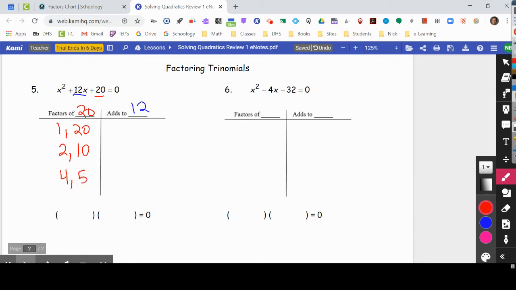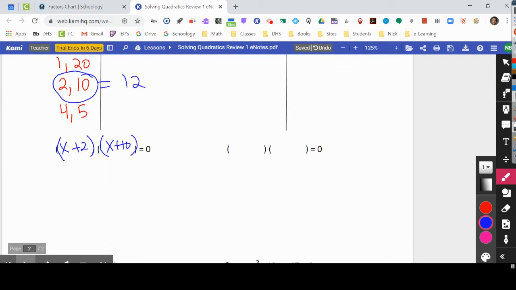Which one of those factors adds to 12? Well, that's going to be 2 and 10. So that means my factored solution is going to be x plus 2 times x plus 10 equals 0.